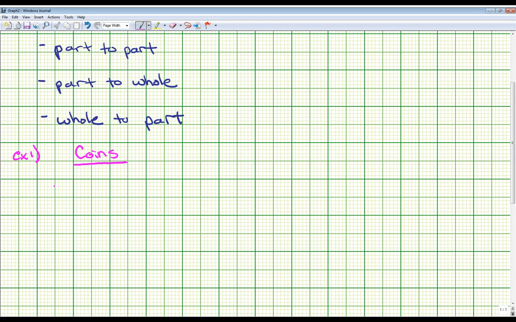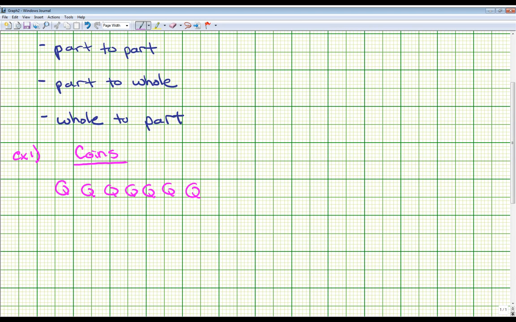So you can draw 16 little circles in your journal, or you can do X's and O's, or however you want to do that. But if we take a look, it looks like we have 1, 2, 3, 4, 5, 6, 7 quarters. So I'm just going to use a Q for quarters. Those are my quarters.